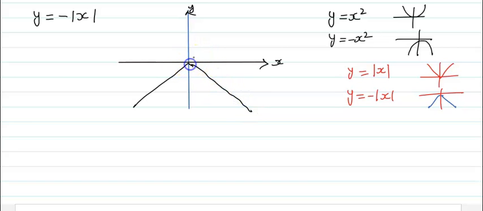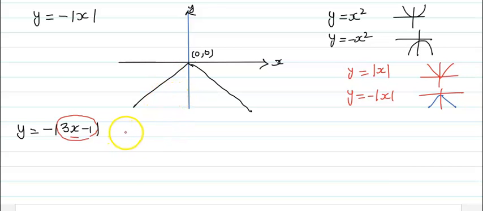And this point will be 0 and 0. Now when a question comes like y equal to minus modulus of 3x minus 1, whenever you see a minus sign before the modulus function, what you need to do is sketch this graph first, y equal to modulus of 3x minus 1, and just reverse it.